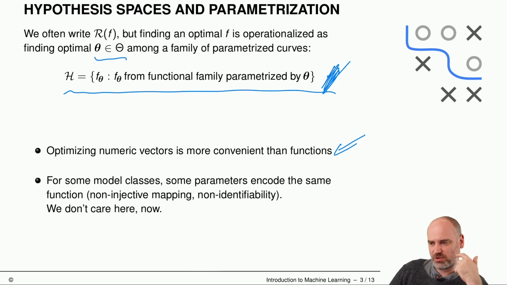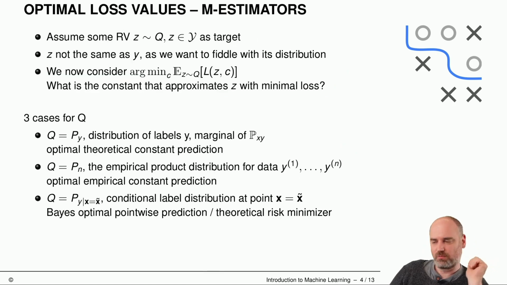This is usually called the non-identifiability problem. I don't want to go into this for now. We are currently mainly caring about finding an optimal function with respect to the ERM principle, what that means, and how we're going about that.